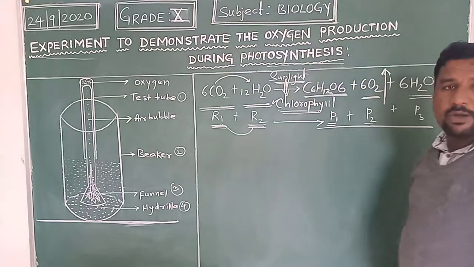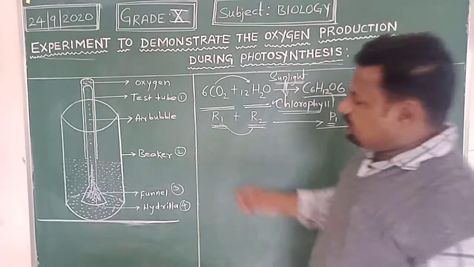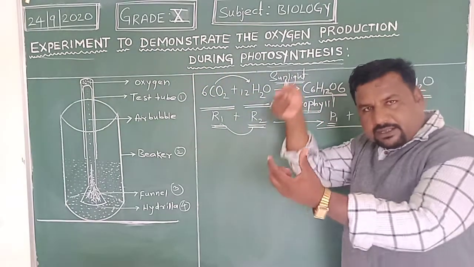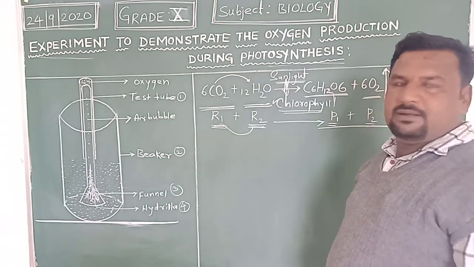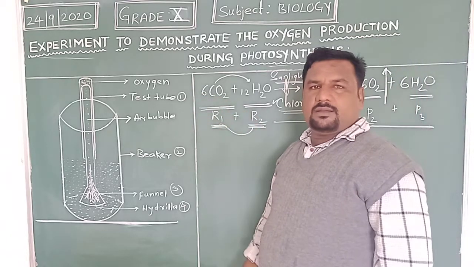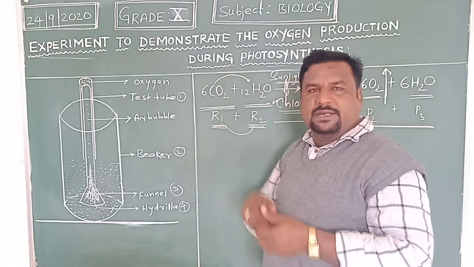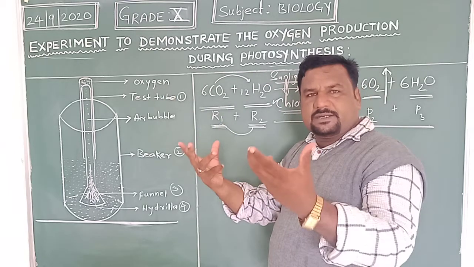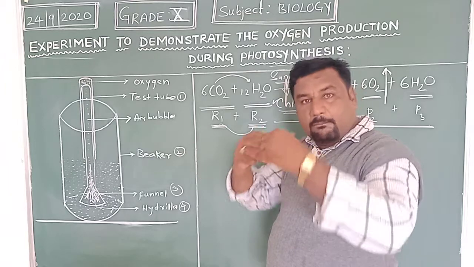How can we say that it is oxygen? After this, we have to remove the test tube slowly. If a burning splinter is introduced in the test tube containing oxygen, the burning splinter burns brightly.